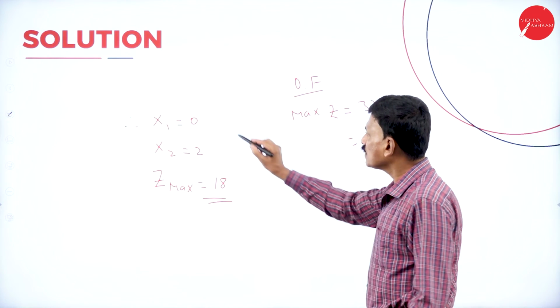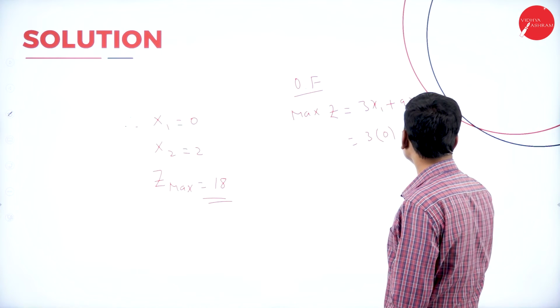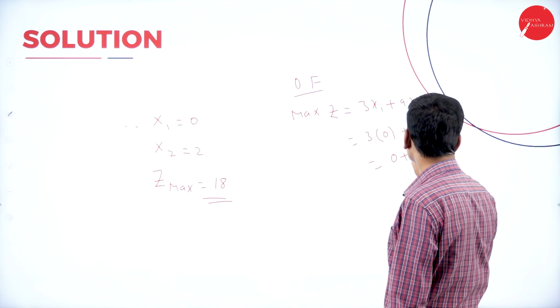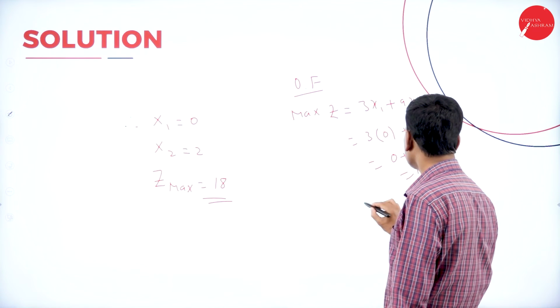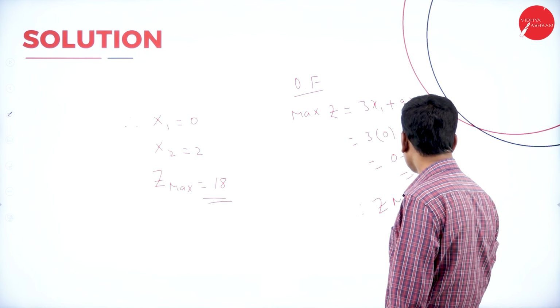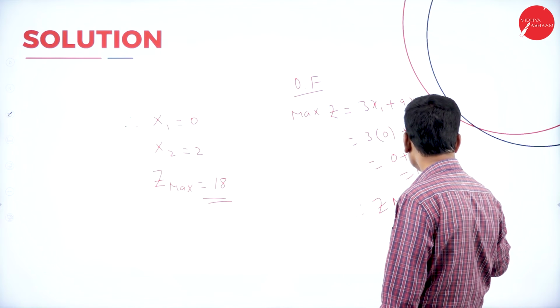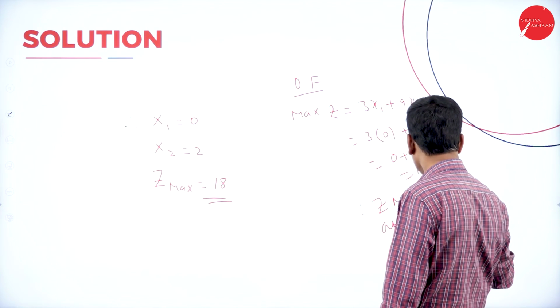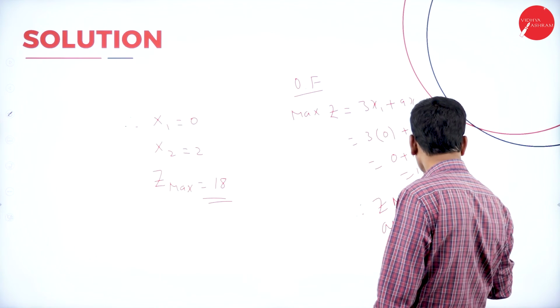Substitute 3 into, what is x1? x1 is 0, plus 9 into, what is x2? x2 is 2, 0 plus 9 into 2 is 18. So z max is equal to 18 at x1 is equal to 0 and x2 is equal to 2.